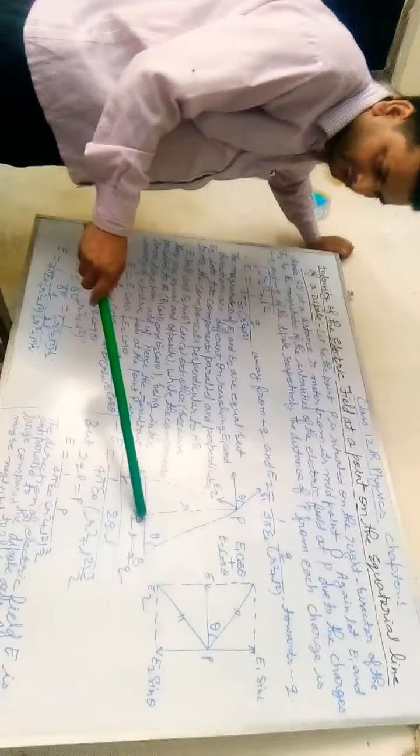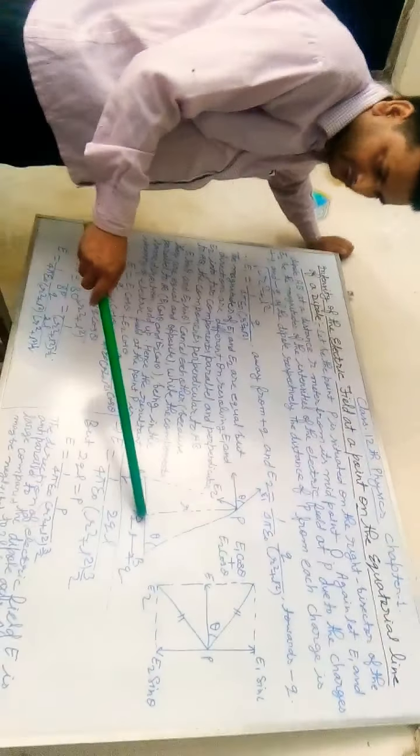Now first we will find the value of the distance from P to A and B, means PA and PB.